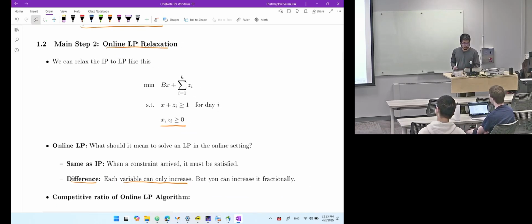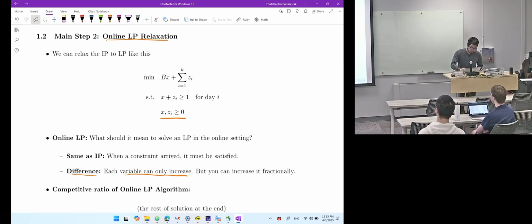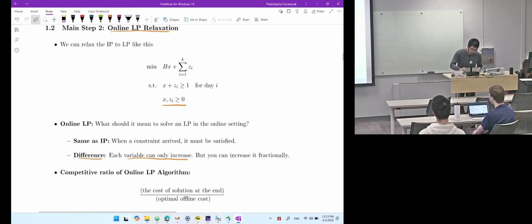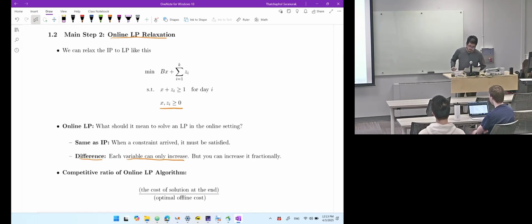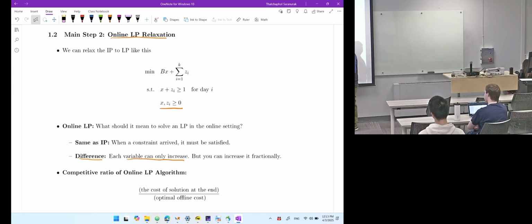And now, once we have this LP, I can also talk about the competitive ratio, or the approximation, and let's call it the competitive ratio of how you solve the online LP. Suppose that there is this online LP given to you, and there is some algorithm that finds a feasible solution to this LP.